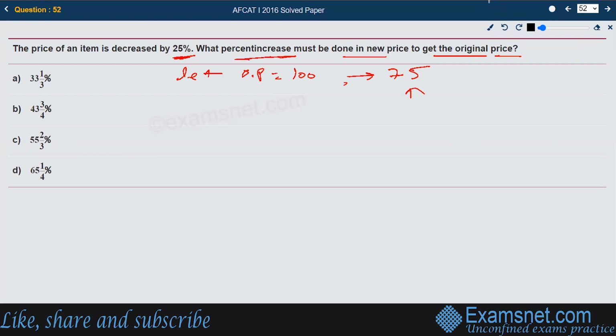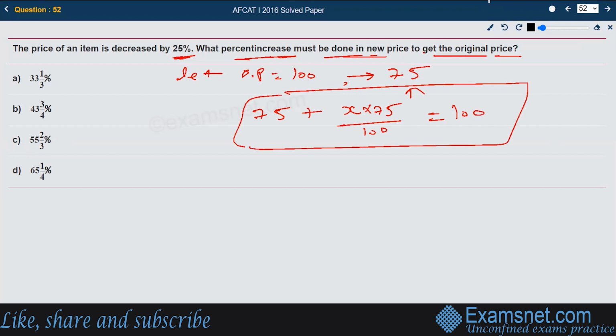Now what percent increase must be done in the new price? So 75 should be incremented by some percentage, let that percentage be x percent. So 75 should be incremented by x percent of 75, that is x into 75 upon 100, and that should give you the original price. The original price was 100 again. So this is how we can solve using this equation. If we solve this equation, x ultimately comes out to be 100 by 3%, and that is nothing but 33 1 by 3%.